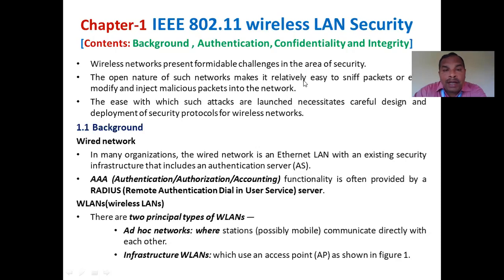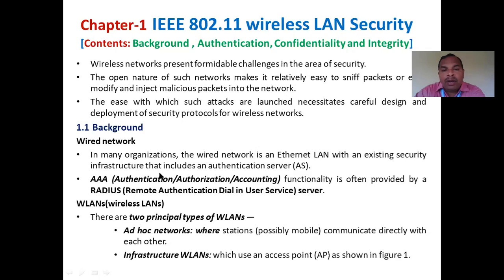Hence, there are challenges with respect to security. So we need to look at what parameters and precautions we need to take in order to provide security. Usually we have two types of networks, wired network and wireless network.